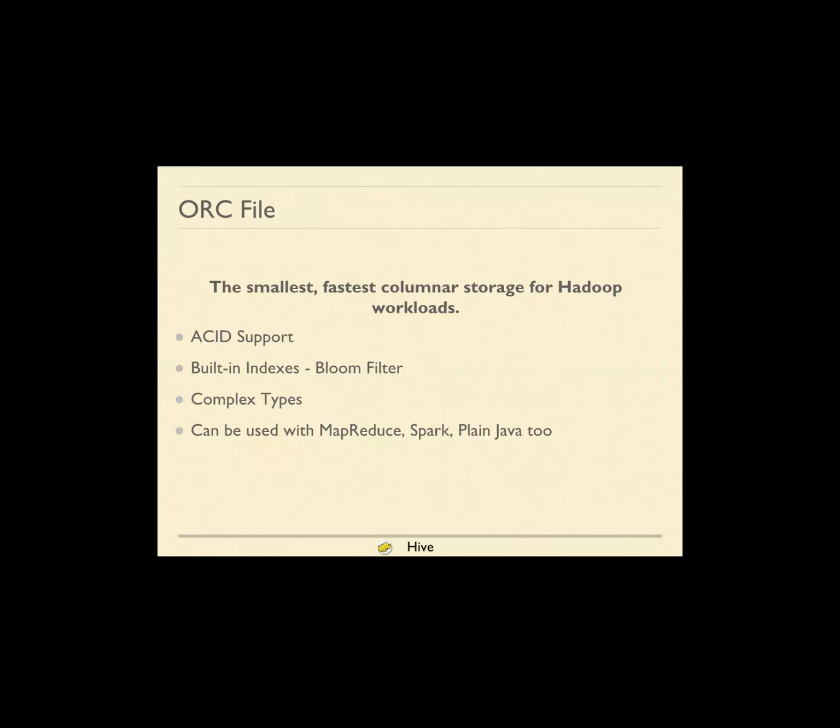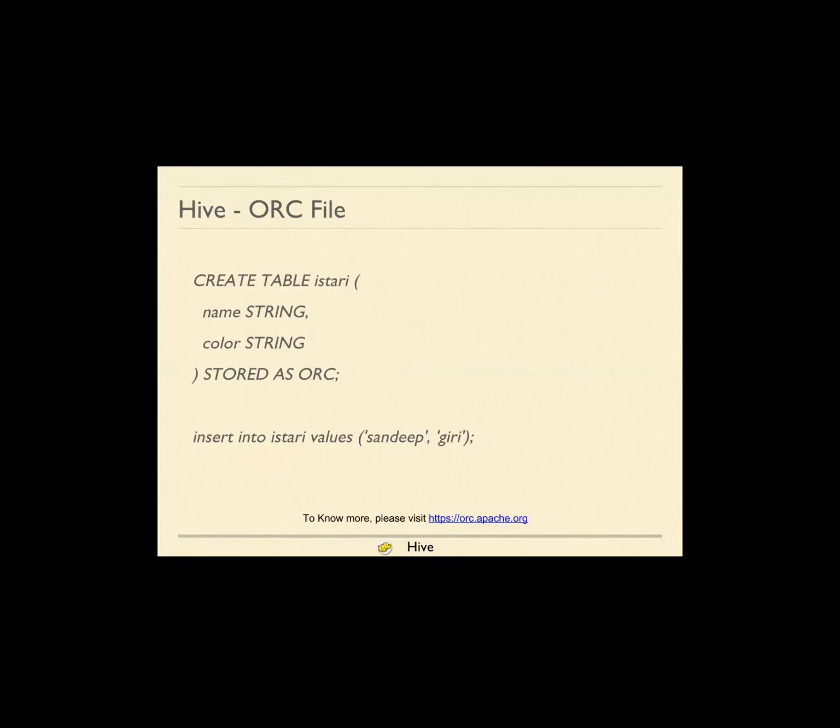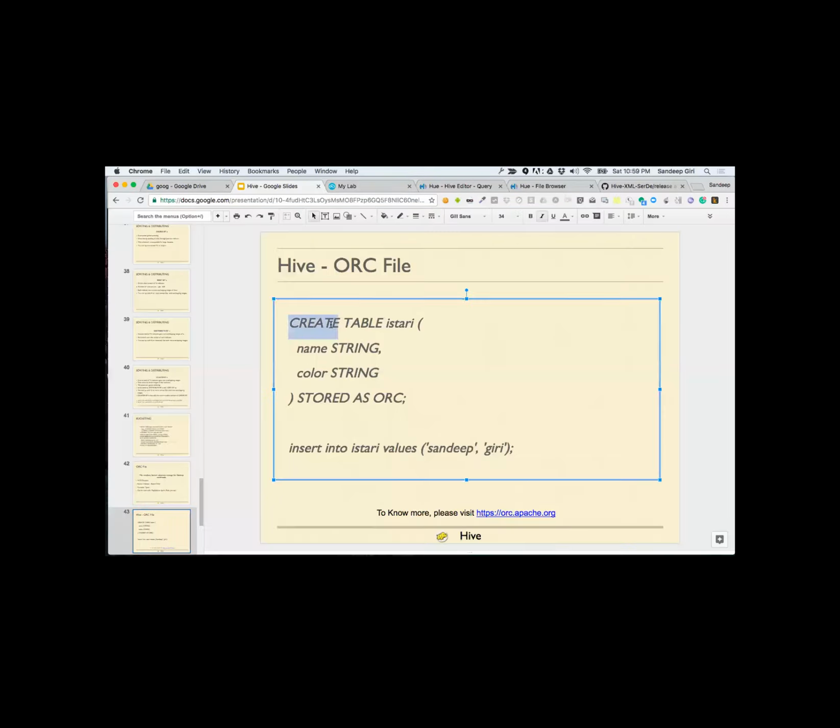If you instruct Hive to store data in the ORC format, then you can use insert into, update, delete, and so on. So when you're creating an ORC file table, you can say create table, and then insert values into this. I will try to demonstrate if this works.